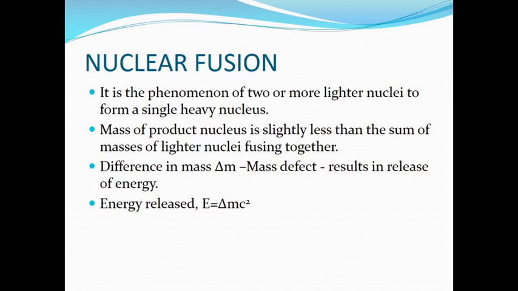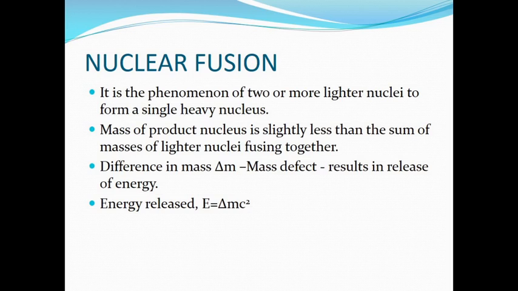So in order to have more mass number, the lighter nuclei will combine to form heavier nuclei, and that process is called nuclear fusion. The nuclei undergo nuclear fusion in order to attain stability.